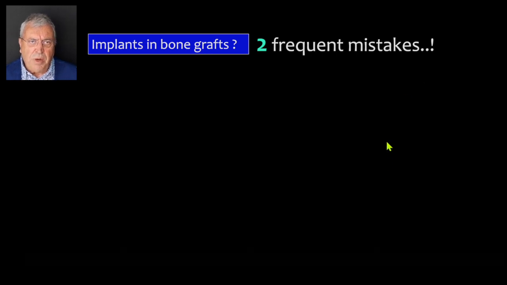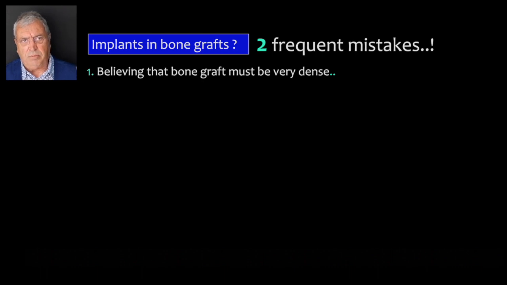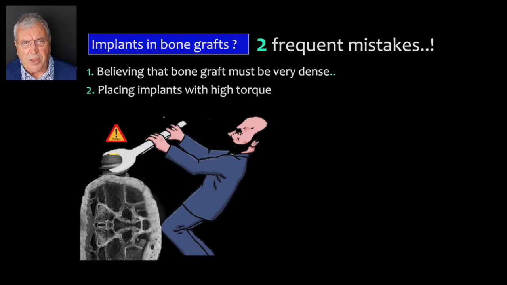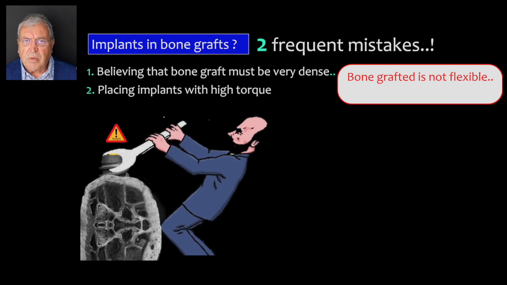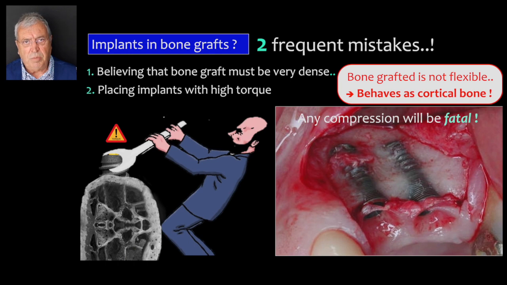The first is to believe that the bone graft must be very dense at the reopening. The second mistake is to place an implant with high torque, believing that the stability is the main factor. No, high torque will induce high stress. The bone graft is not flexible. Then it behaves as cortical bone, and any pressure will be fatal.